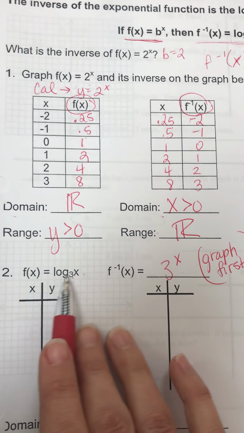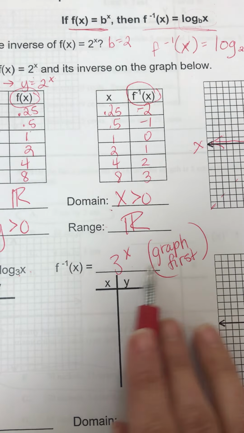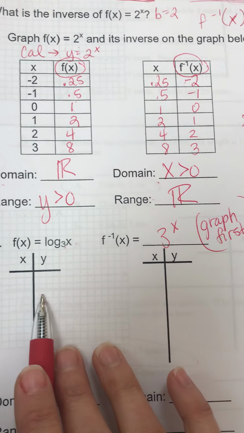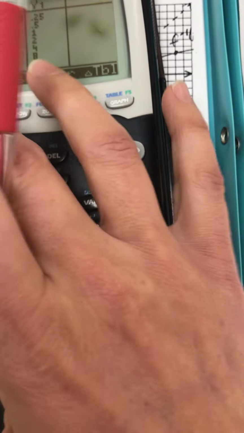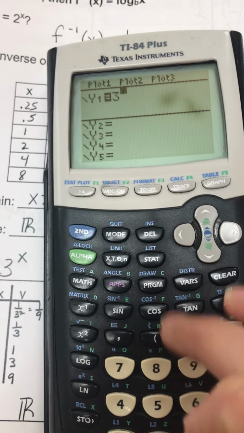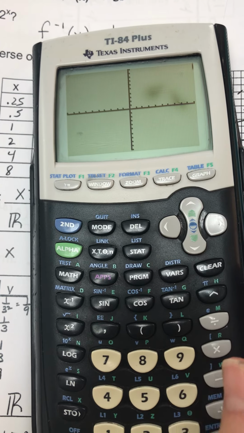Okay, we can't graph logs. So we're going to graph this one, and once we fill in our table, we're going to flip our x and y over here. So you're going to go back to your y equals and clear it out. And I'm going to put 3 to the x graph.